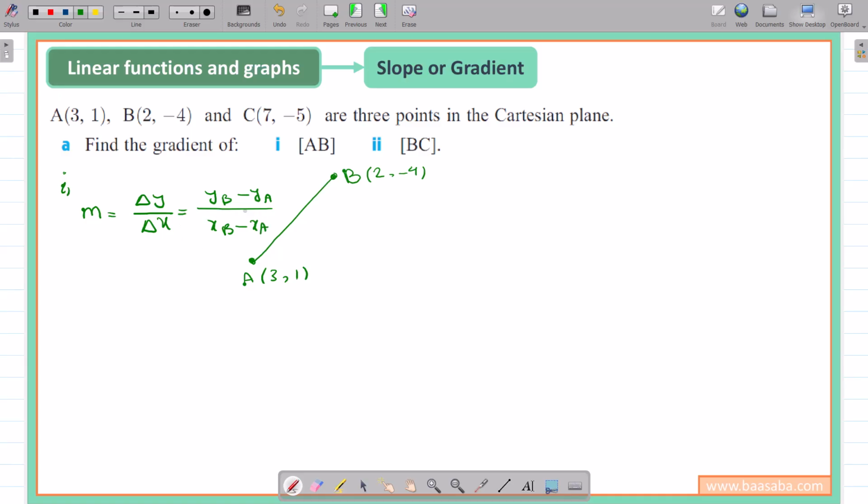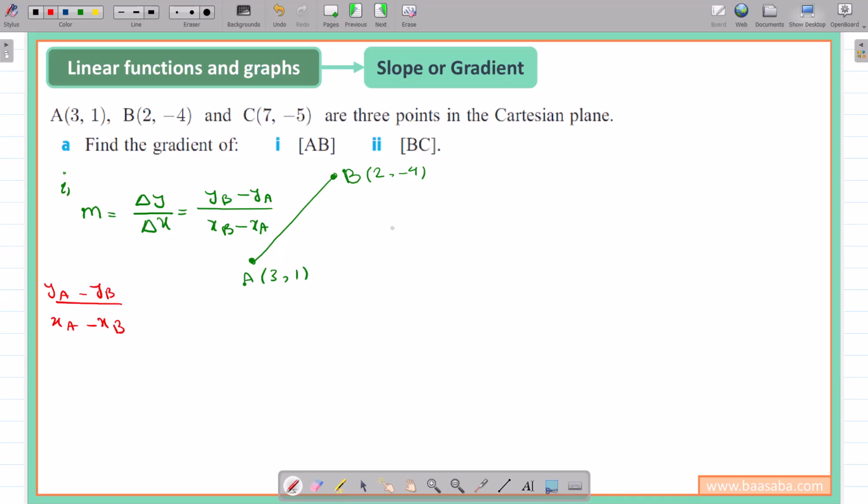Be careful: if you subtract yA from yB, you should write xB minus xA. You can switch these terms around, but if you switch the terms on the numerator, you have to switch the terms on the denominator as well.